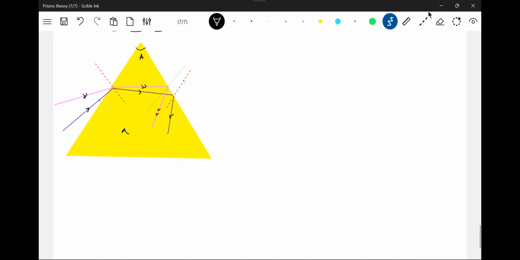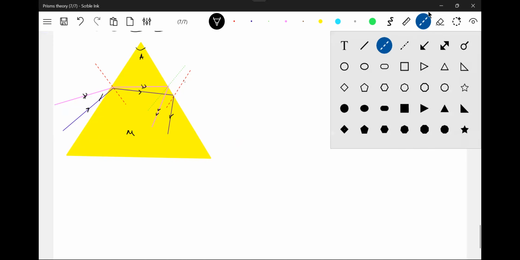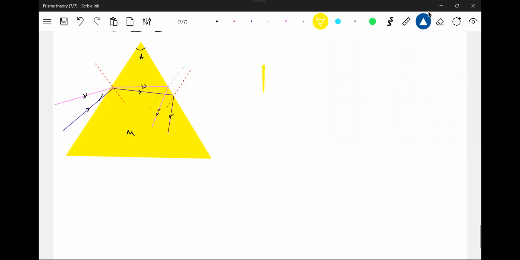So the basic necessity condition is, for any angle of incidence anywhere from 0 to 90 degrees, the ray should not emerge from the emergent surface. So how the angle of prism and the refractive index of the prism are related is what we are trying to find here. Should not emerge means what should happen to the ray? It should undergo TIR here.